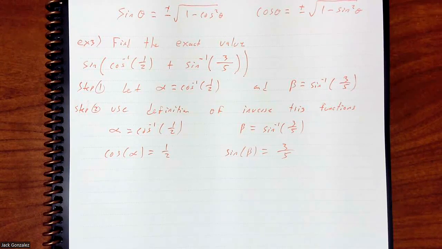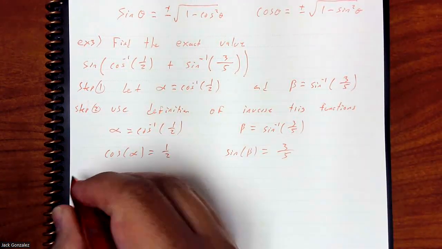But they do have to tell you the location of alpha and beta. Should have put that sooner.